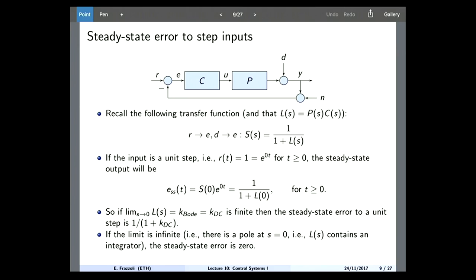So clearly, if the limit when s goes to 0 of L(s) is finite, and that is something that we call the Bode gain or the DC gain of the loop transfer function, then the steady state error to a unit step is 1 over 1 plus the gain, the DC gain or Bode gain of the loop transfer function.